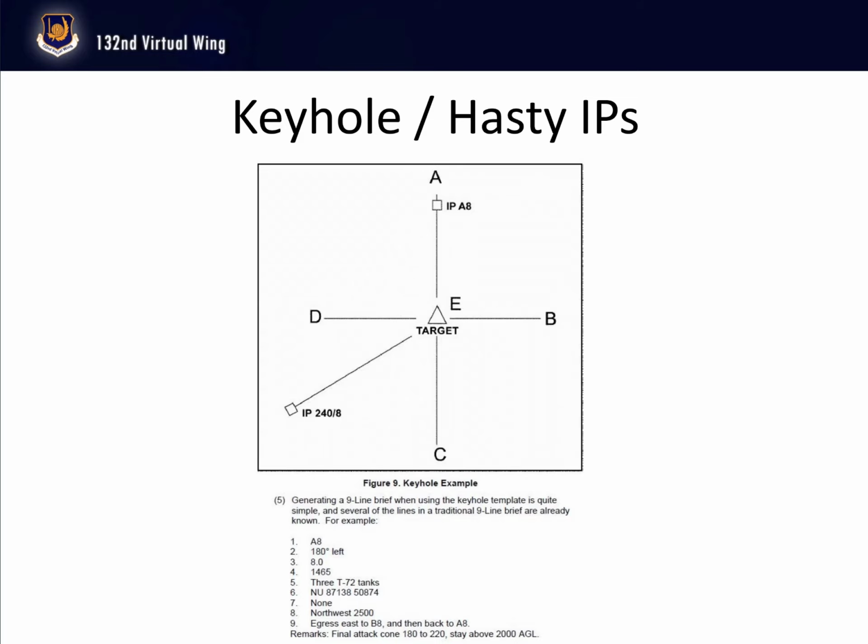Okay, keyhole and hasty IPs. Sometimes again we don't have time or opportunity to plan in advance, so we'll do a hasty IP to stack all the aircraft where we want to stack them. What we use is something that we call point echo.